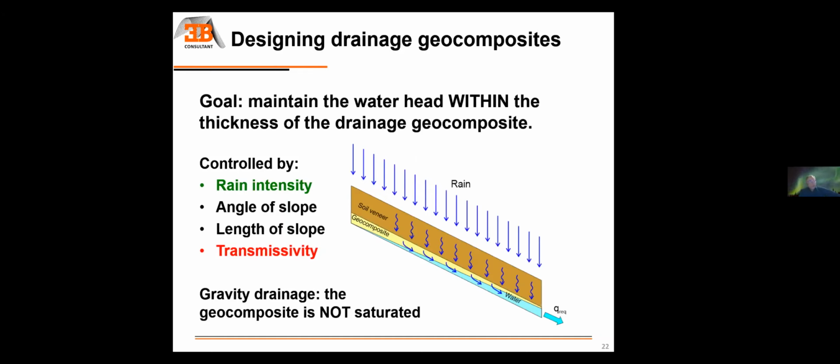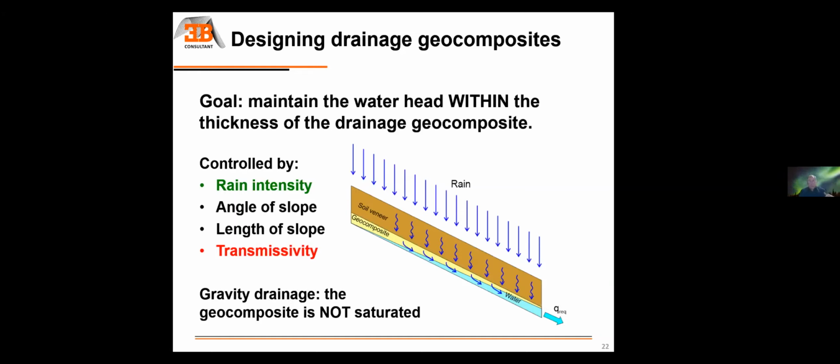In that case, you see the rain which is falling on the soil veneer. The water is percolating through the soil veneer, reaches the geocomposite, and the geocomposite must have a sufficient capacity so that the water head within the geocomposite is smaller than the thickness of the geocomposite. That's a typical criterion.